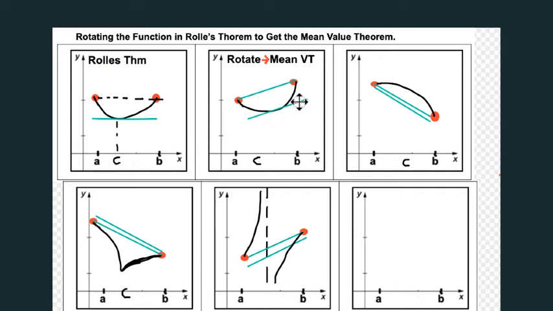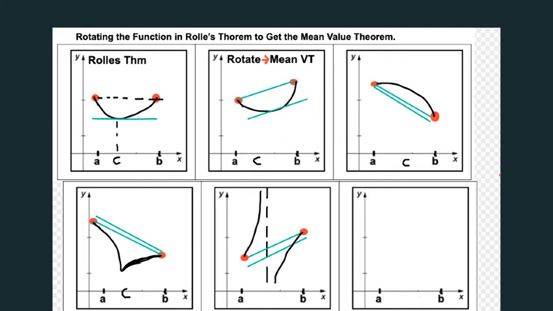So why do they call this the mean value theorem? The word mean, what does it mean mathematically? The average. So what do we call the slope of a secant from a to b? That's the average slope. So the mean value theorem says that if a curve is continuous and differentiable from a to b, there's going to be a place on that curve where the tangent slope is equal to the average slope, or the mean slope.